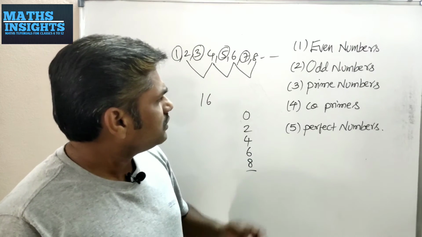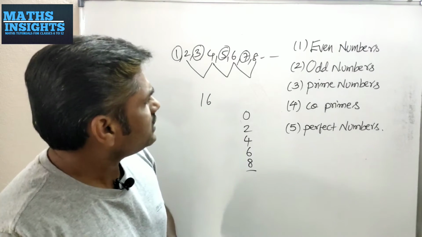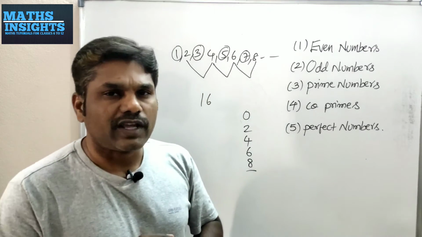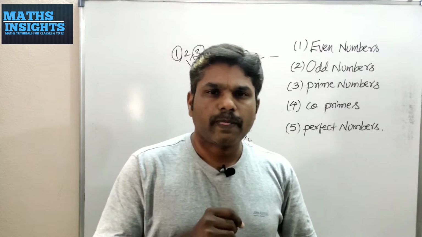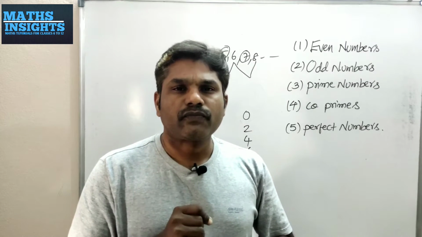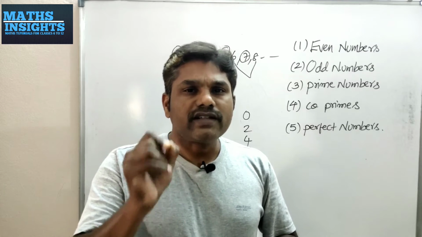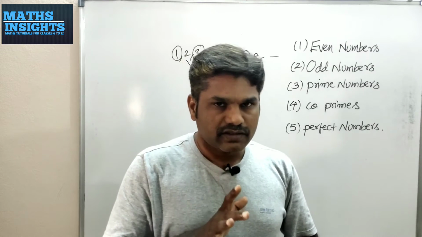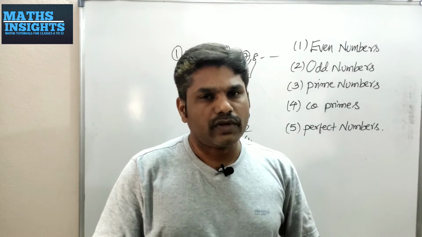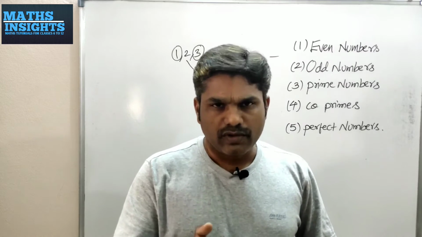Next, coming to the third one. The third one is prime numbers. It is a very important type of numbers. A number is said to be a prime number if it has 1 and itself as its factors, no other factor should be there for that number.